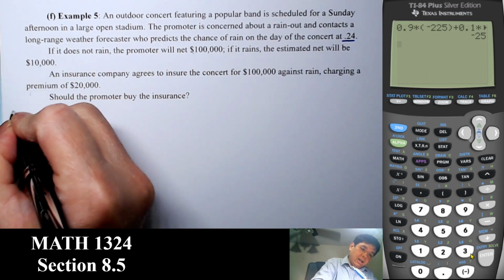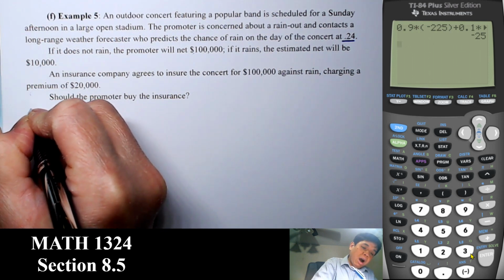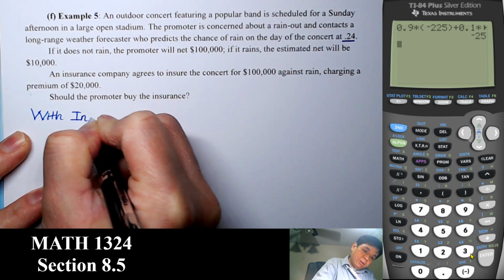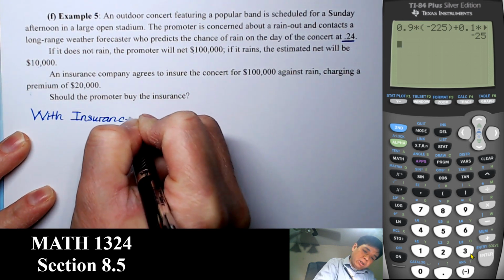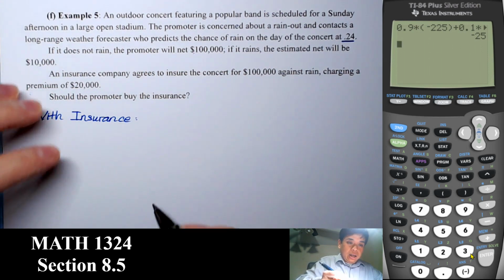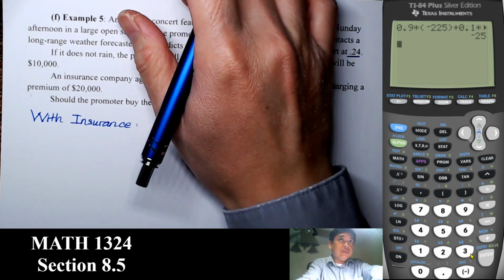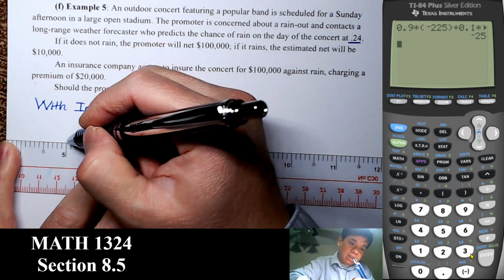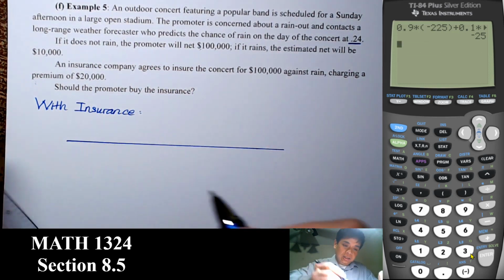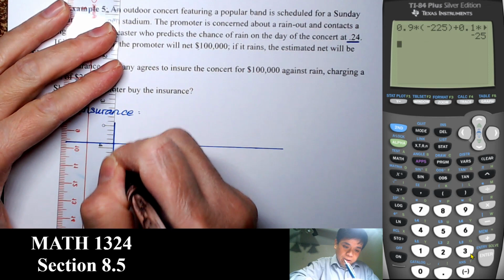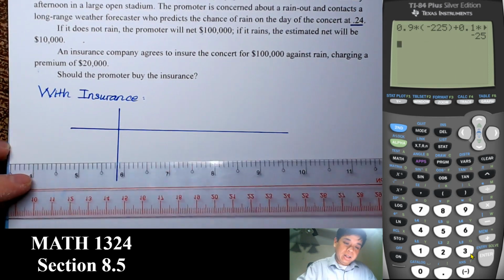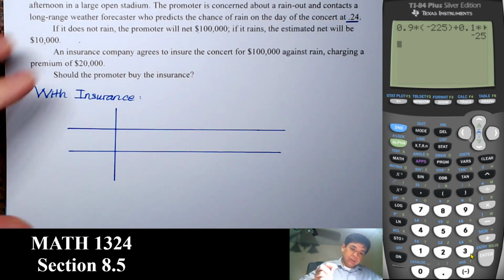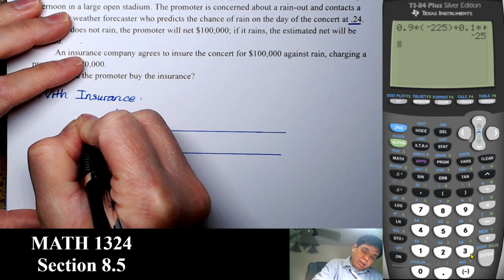So first, let's say we decide to buy insurance, so with insurance. Again, there are only two outcomes: rain or no rain. And each time we find the values and the probability for each.